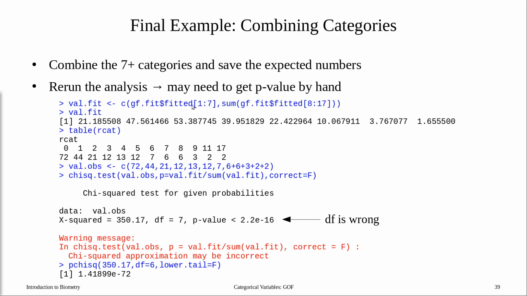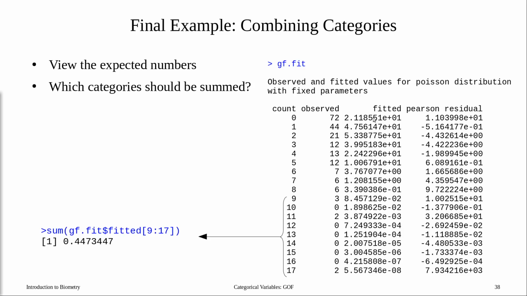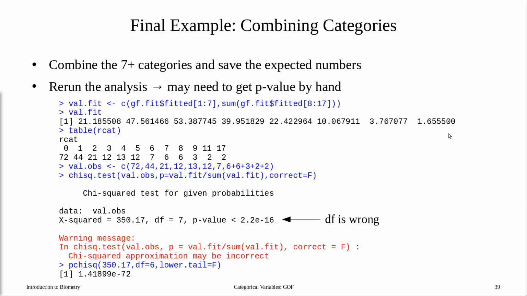We're going to have all of our fitted values from 1 to 7, and then we're going to add up all of the fitted values from 8 to 17, so all of the rest. All right, so these are the same values, 21, 47, those are the same values here, and then I get the 8 or more category, and we saw 1.6555 in that 8 or more.